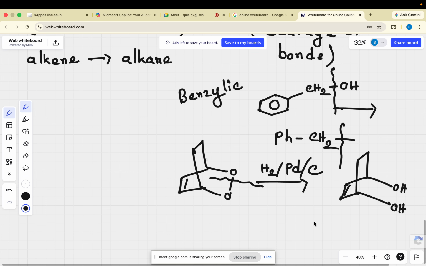So heteroatom bonds as well as this kind of benzylic bond will cleave out. Clear? This kind of hetero bond is actually very weak. Why is this bond cleaving? Due to electron repulsion, already this bond is very weak, that's why the bond is breaking.